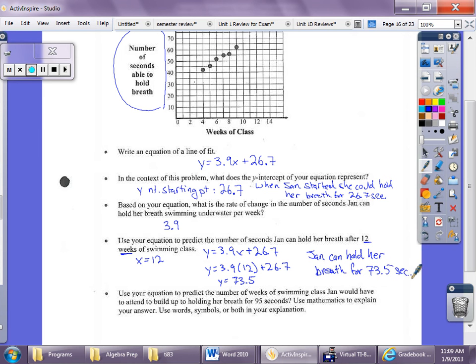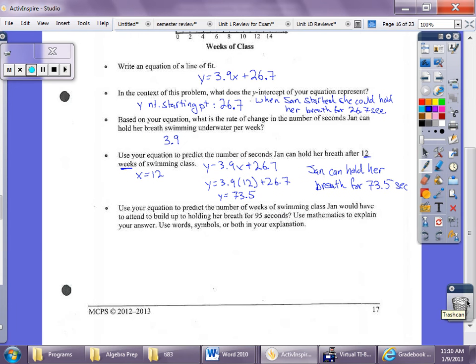Use your equation to predict the number of weeks of swimming class Jan would have to attend to build up holding her breath for 95 seconds. We have y equals 3.9x plus 26.7, and 95 seconds is our y value, so we plug in 95 for y. Now 95 equals 3.9x plus 26.7.